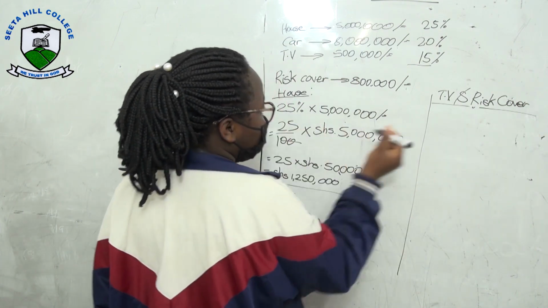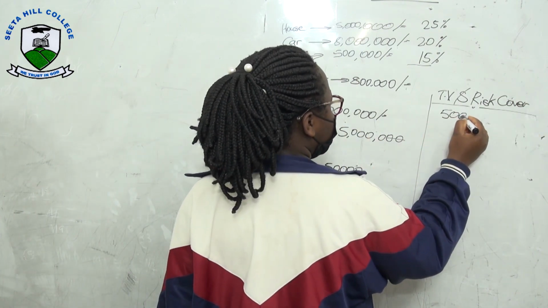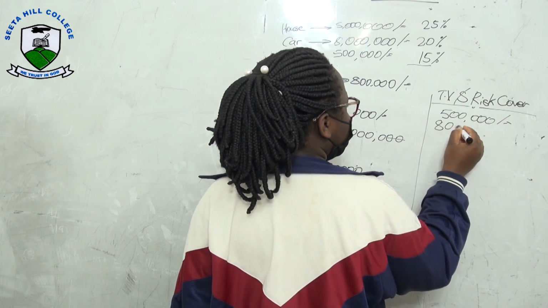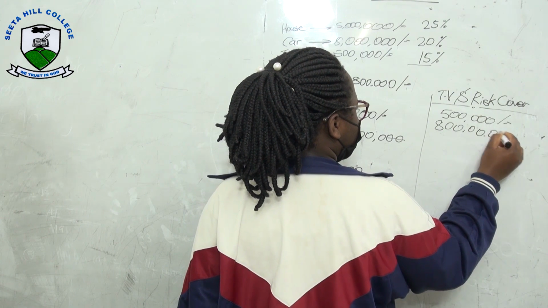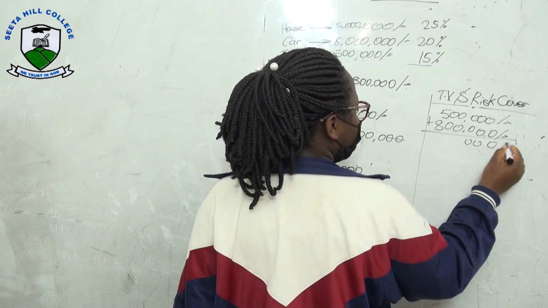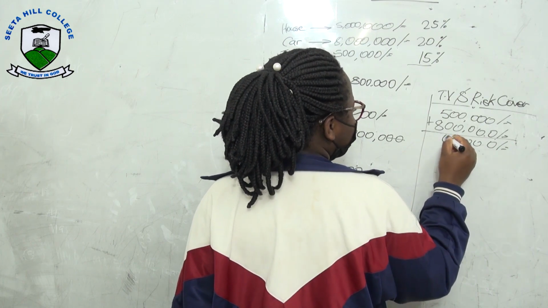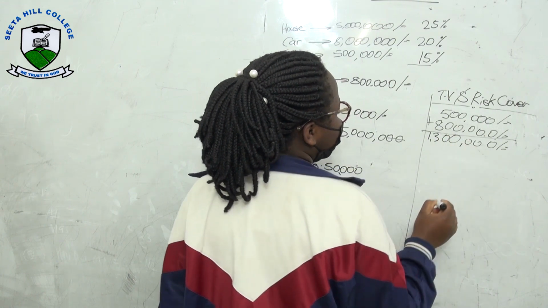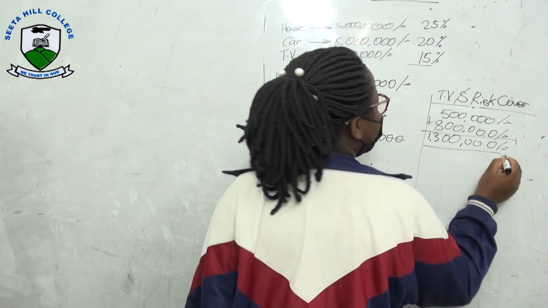So what do we have? We have 500,000 and 800,000. 1 million. 1,300,000. Okay, fine, thank you.